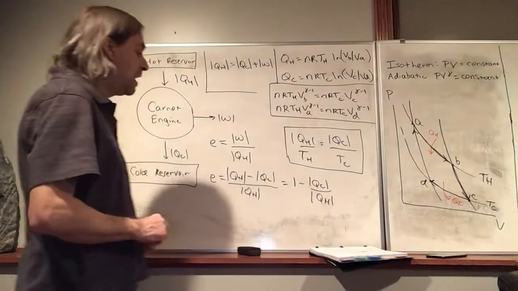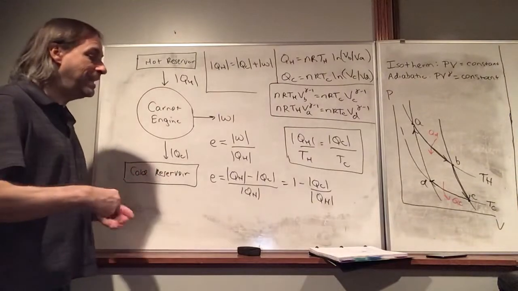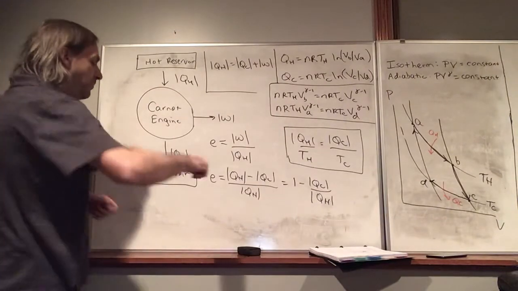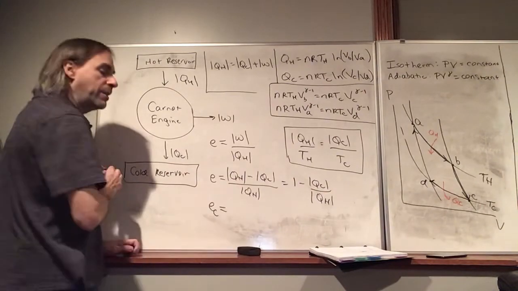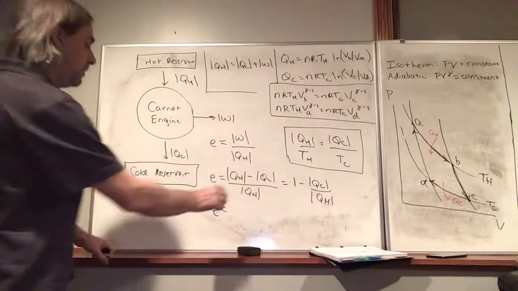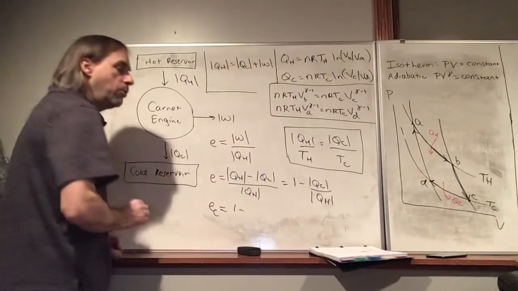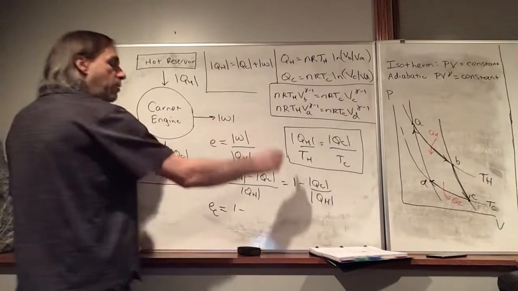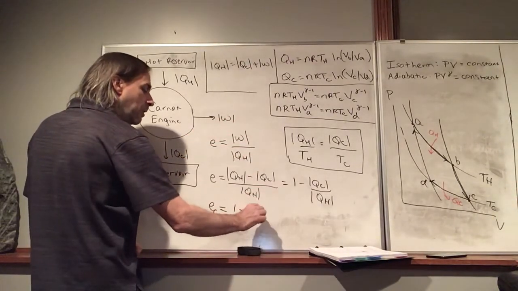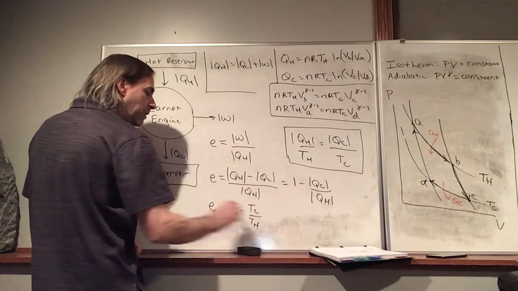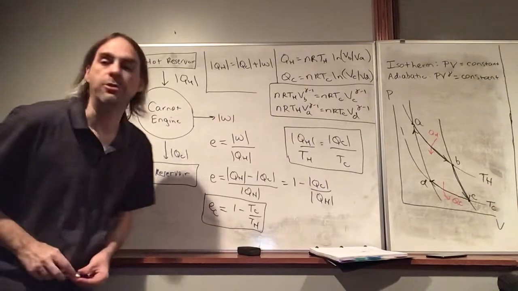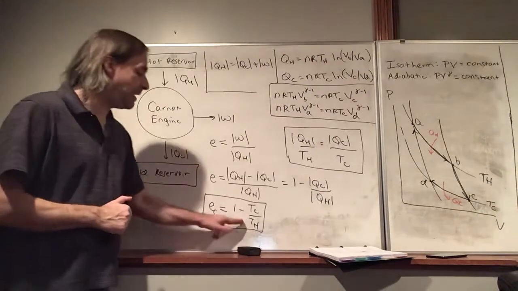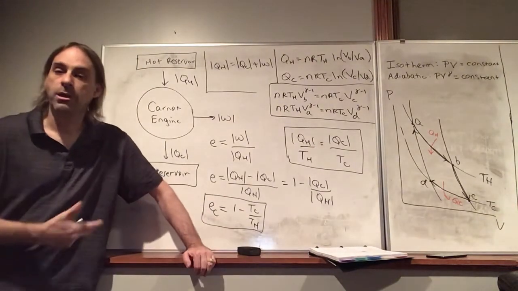Now, one thing that's nice about a Carnot engine: we can say the efficiency, let's call it EC, for the efficiency of a Carnot engine, is 1 minus QC over QH, but QC over QH is TC over TH. So the efficiency of a Carnot engine only depends on the temperatures of the hot and cold reservoirs.